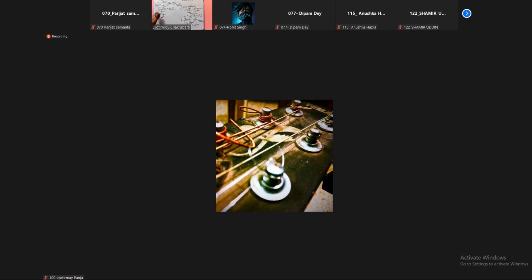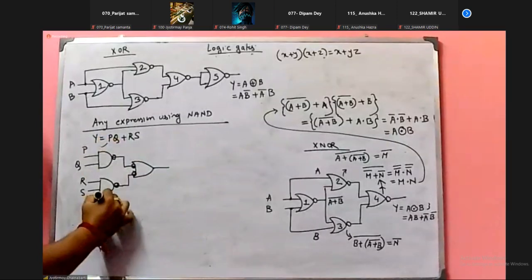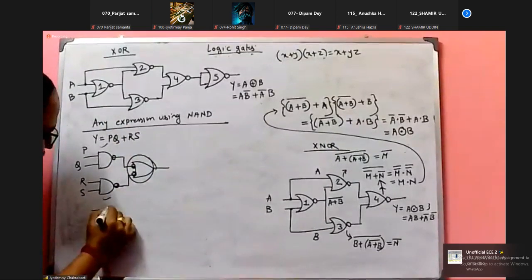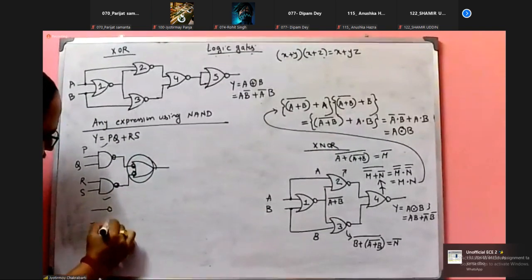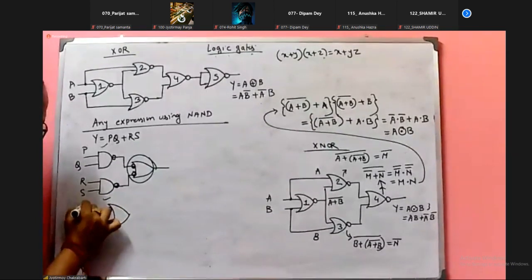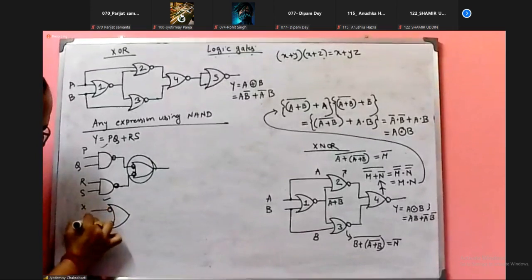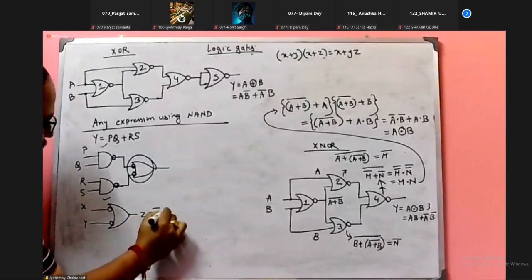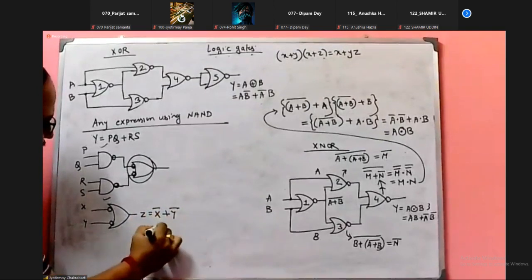Now these are already NAND. What about this? If you think of this circuit, this is an inverted input OR. So if you have x, y, z, then z will be x bar plus y bar, that is x into y bar.